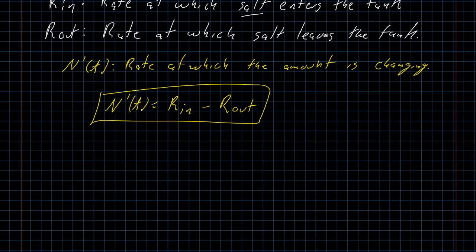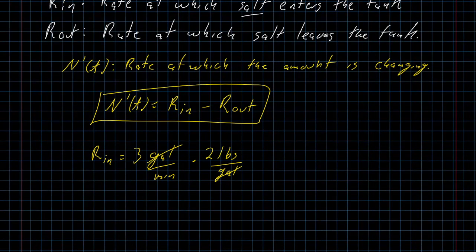The rate at which salt is entering is pretty straightforward. Water is coming in at 3 gallons per minute, and that water has a concentration of 2 pounds per gallon of salt.